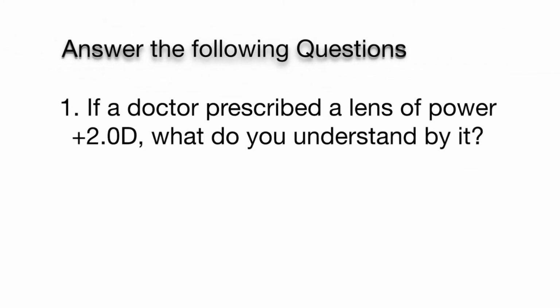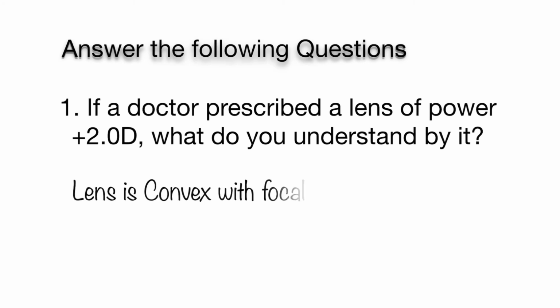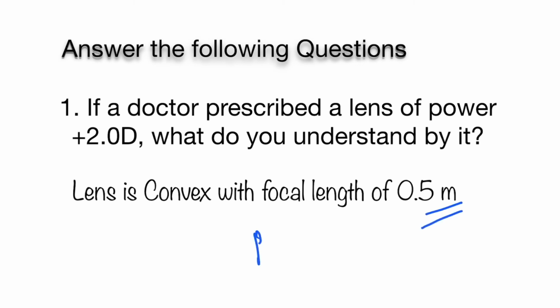If a doctor prescribed a lens of power plus 2D, what do you understand by this? Here plus means it is a converging lens, and that's why it is a convex lens. And 2 means the focal length is 1 by 2 or 0.5 meter.